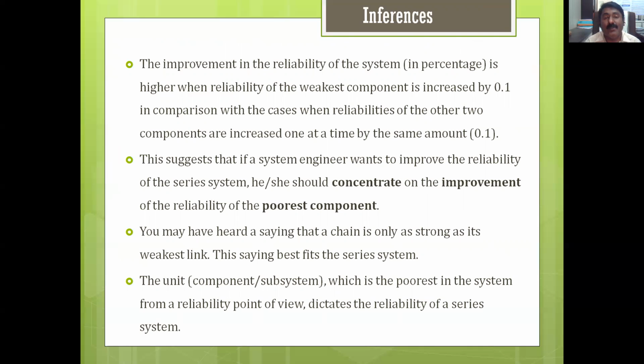Whenever there is a weakest component with a very small reliability, if we increase the reliability of that weakest component, then the system reliability increases by the highest amount. The improvement in system reliability is higher when the weakest component is increased by 0.1 in comparison with the other two components. This suggests that anybody who wants to increase the reliability of a series system should concentrate on improving the reliability of the weakest, poorest component of the system.